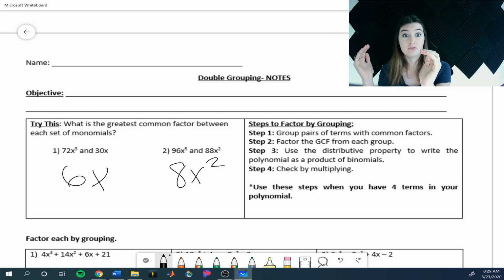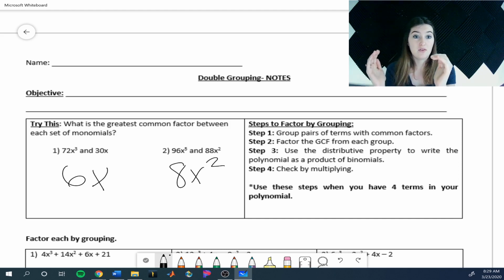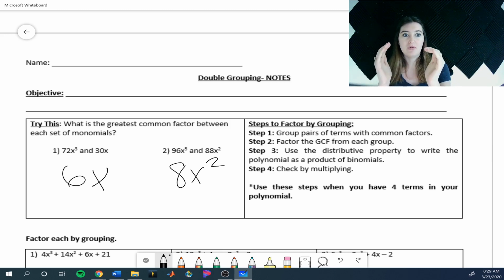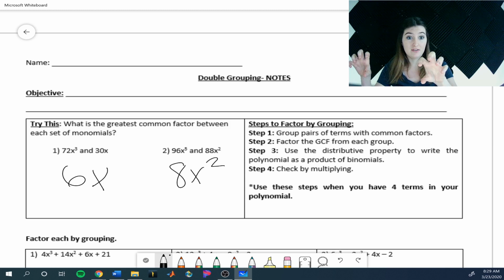We factor out our greatest common factor and put it in the front for each group, and you're going to see something kind of cool where both of these parentheses are the same. Then we rewrite it with the 2 greatest common factors out front and the other parenthesis left alone, okay? We can check our work by multiplying, and we will be doing that.